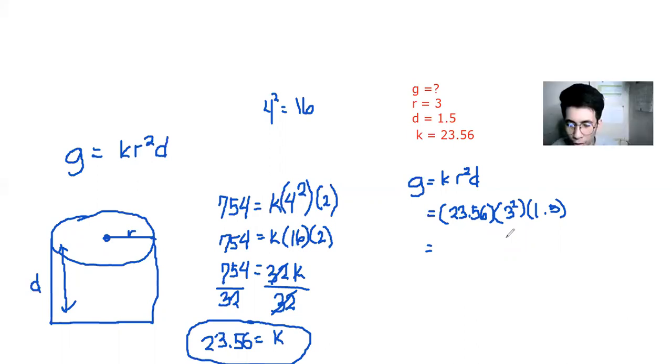Ano lumabas sa inyo? So, magiging sagot natin is 318.06.